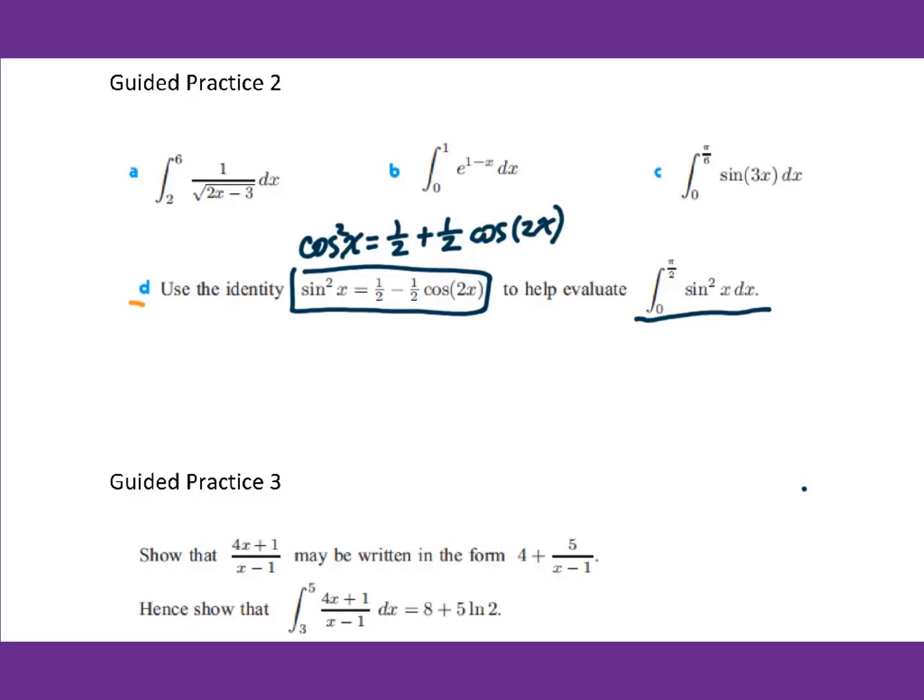These two formulas are so helpful to evaluate a definite integral of sin square x, and also of cosine square x.